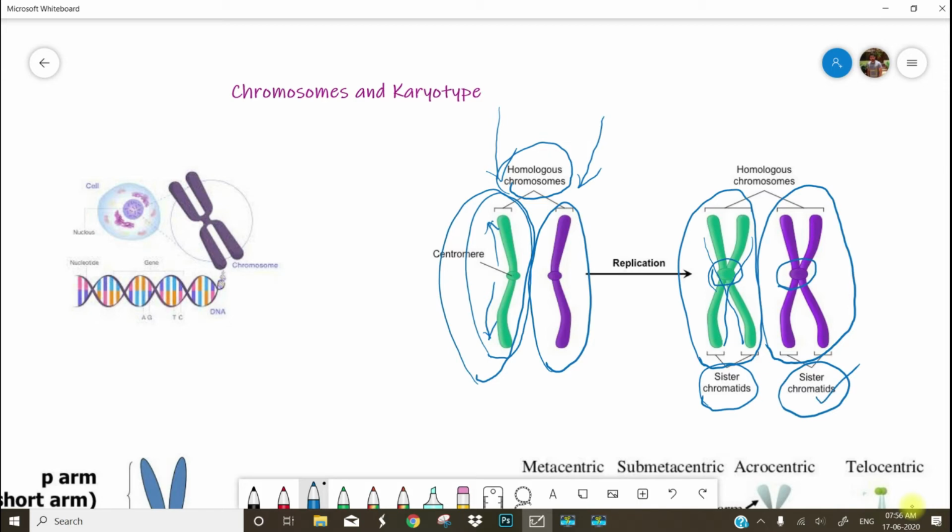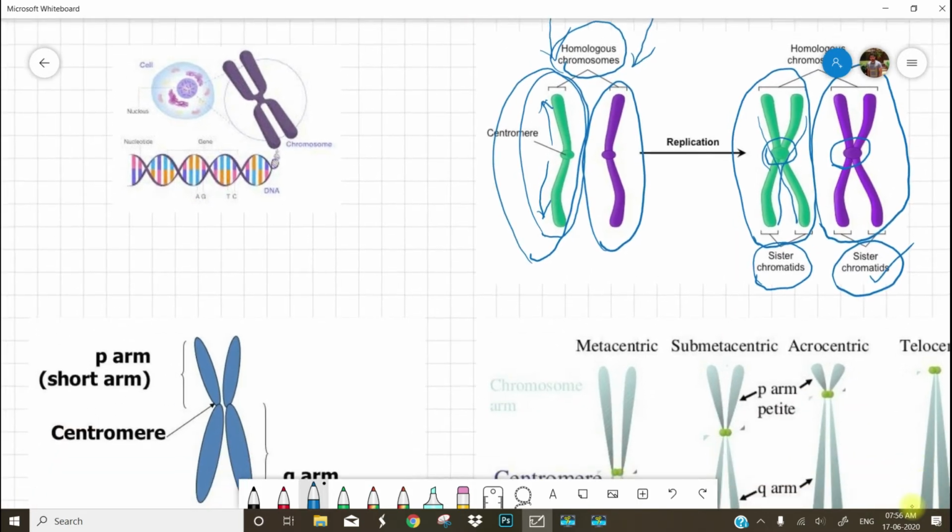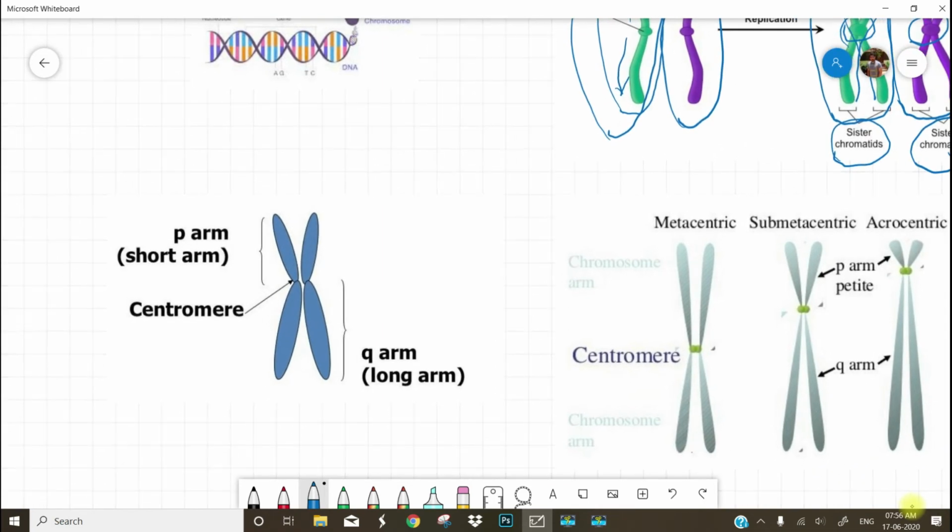Now look at this chromosome. Based on the position of the centromere, which we have discussed, the length of the arms differs. See, this is a short arm and this is a long arm. That is based on the position of the centromere.